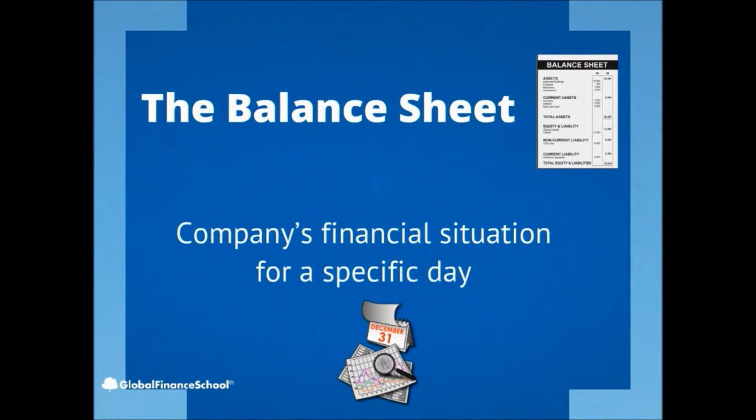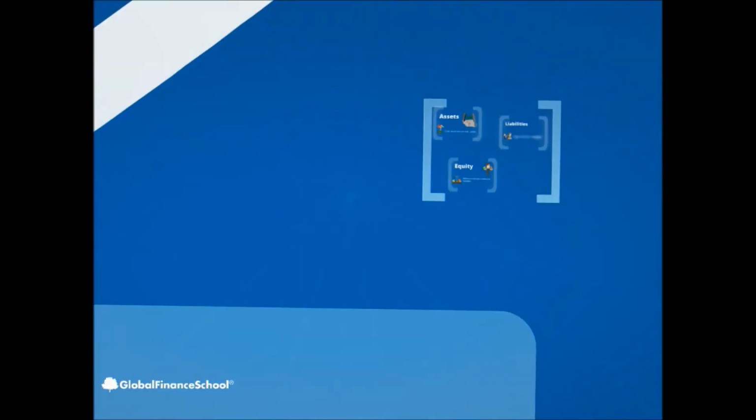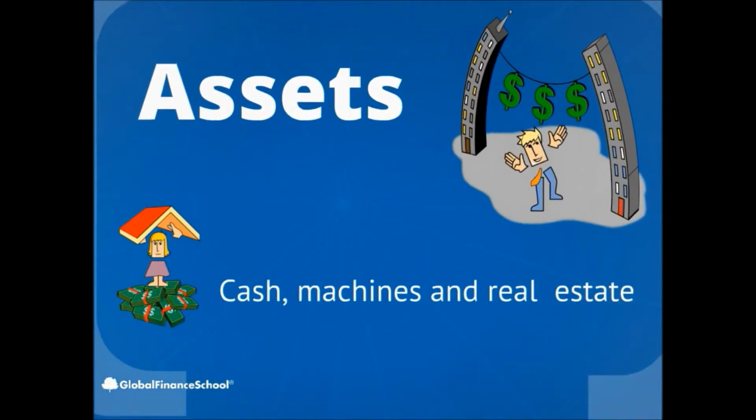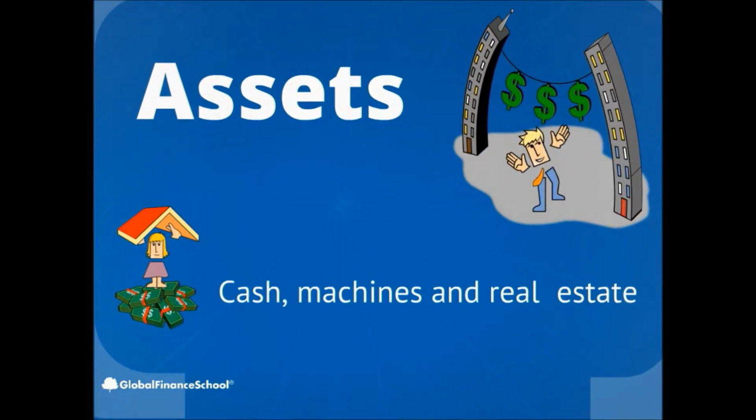The balance sheet. The balance sheet presents the company's financial situation for a specific day, usually the last day of the fiscal year. If we take a look at a balance sheet, we will see it is composed of three parts. One, assets.